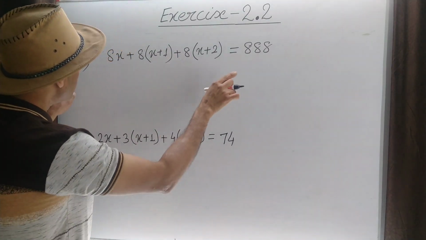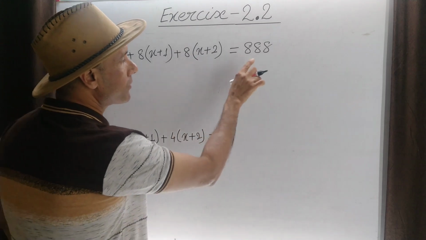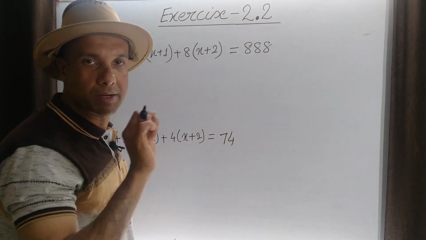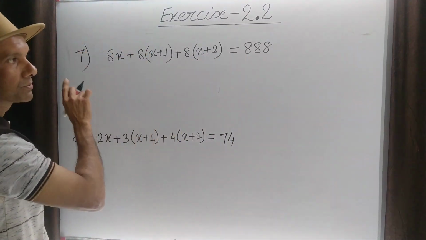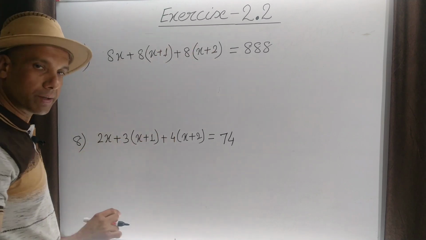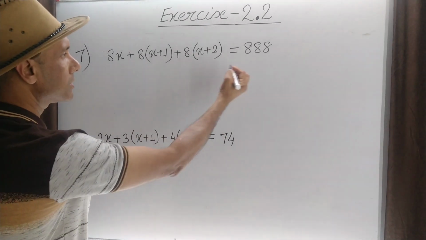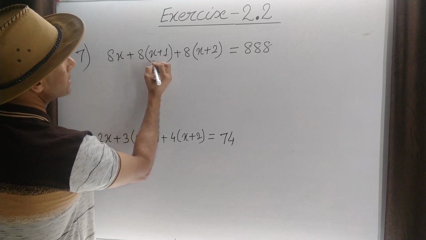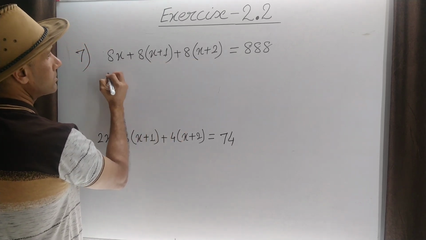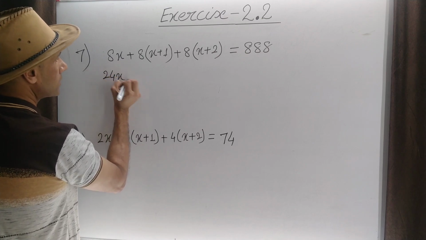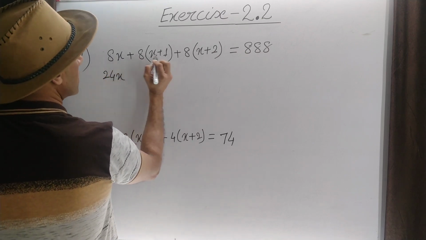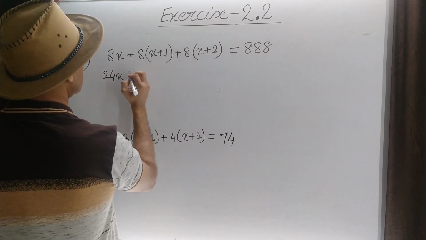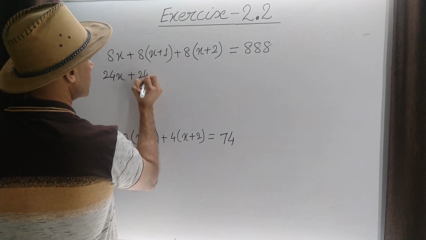Understood? When we add all these 3, the value we get is 888. So we have to find the value of all these 3 multiples. Let's solve this equation. We can write it as 8x plus 8x plus 8x as 24x, and 8 plus 16, that is 24.